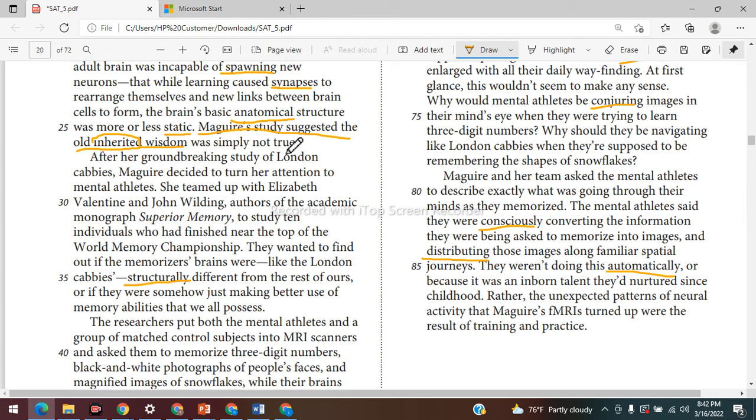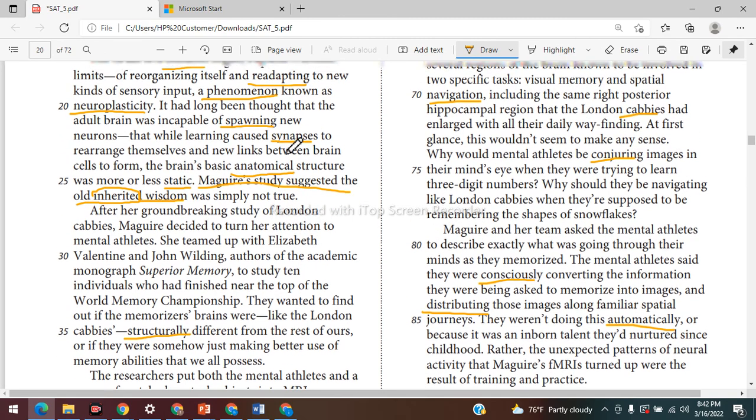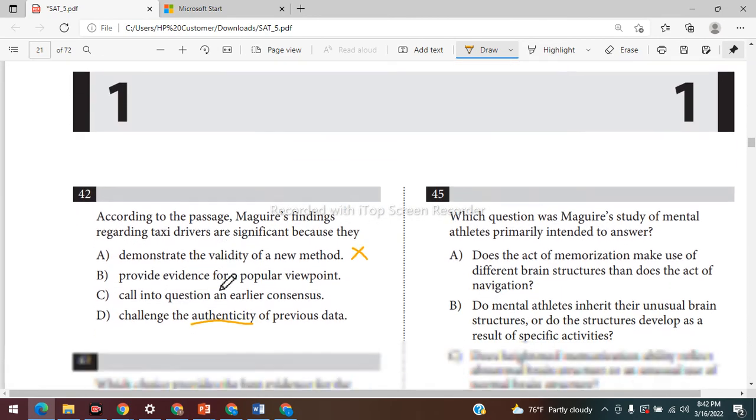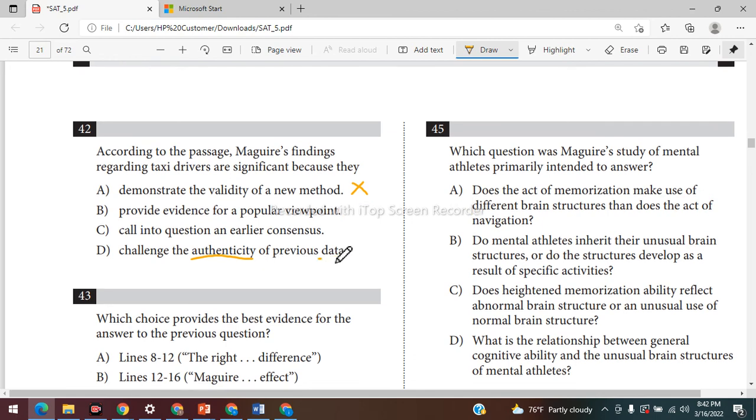So was it based on any data? It said it had long been thought to be true. Thought. So it wasn't about data, so it doesn't challenge the authenticity of previous data, because they don't talk about any data. But it does call into question an earlier consensus, because people thought it was true. So it's C.